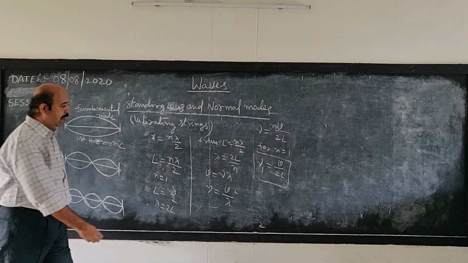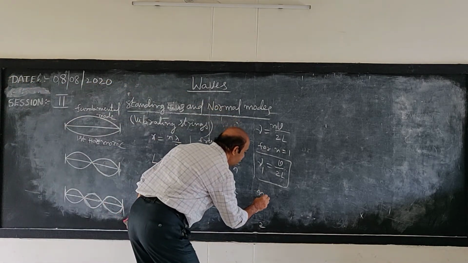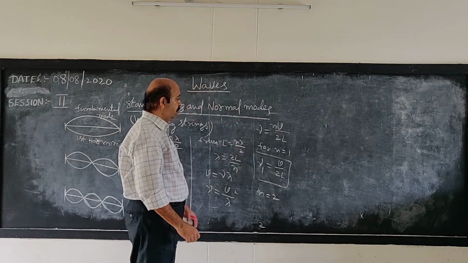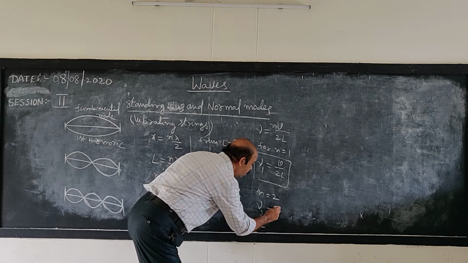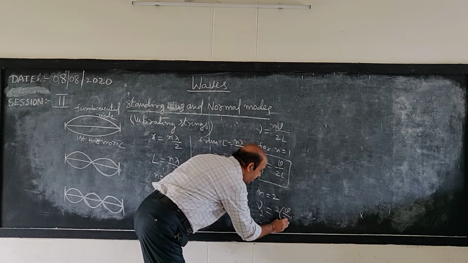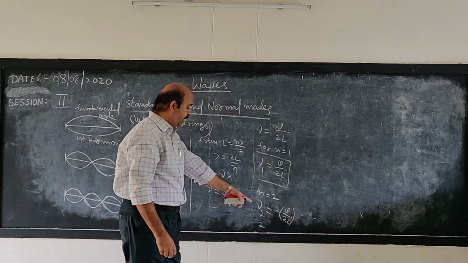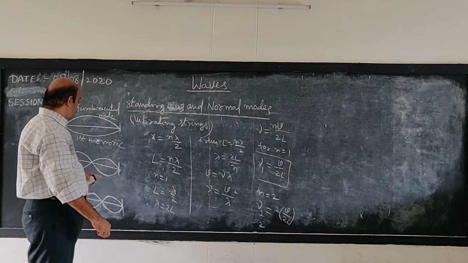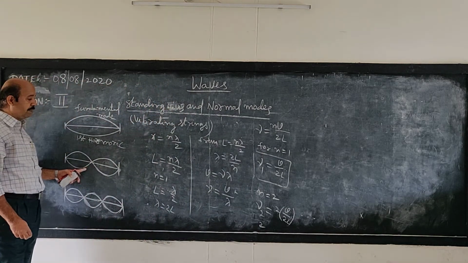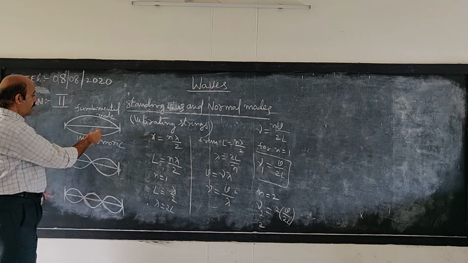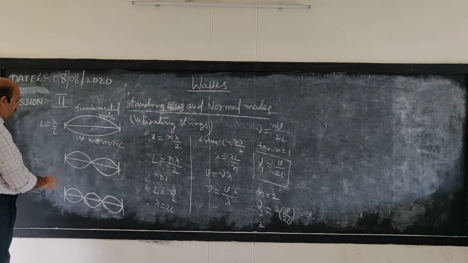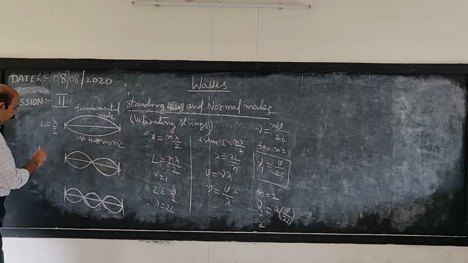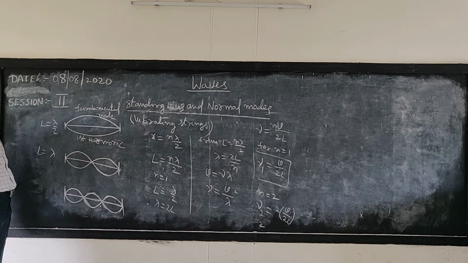Suppose you take n is equal to 2. From this formula you get the frequency as 2 times V by 2L. In this case you will have two loops formed like this, where each L is equal to lambda by 2, so the total length will be equal to lambda.